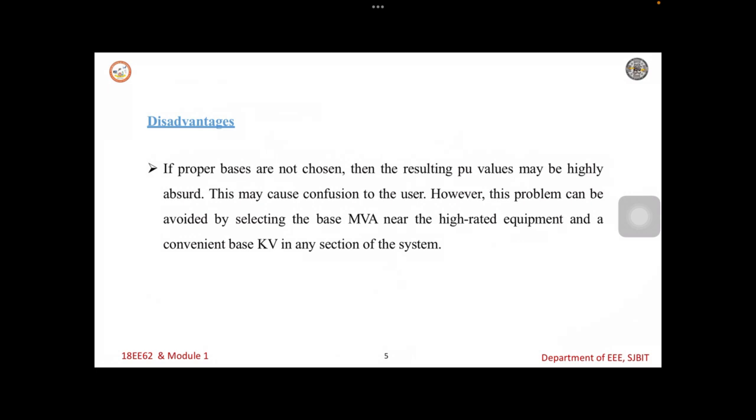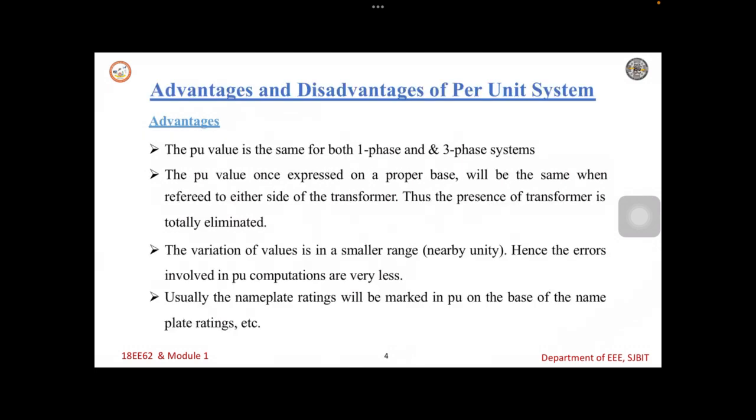The variation of values is in a smaller range, hence the errors involved in per unit computations are very less. Usually the nameplate ratings will be marked in per unit on the base of nameplate rating.